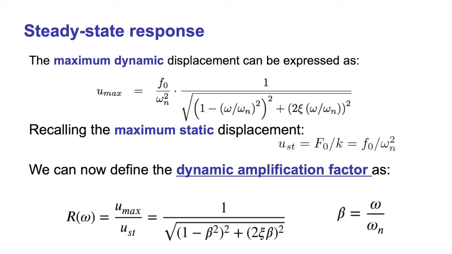This dynamic amplification factor R is also called magnification factor or amplitude ratio and represents how much larger the displacement response is as a result of a load of a given magnitude applied harmonically rather than statically.